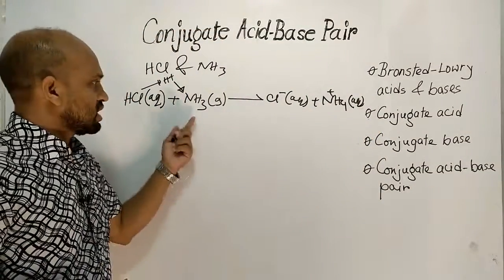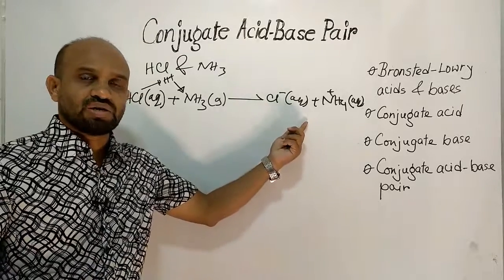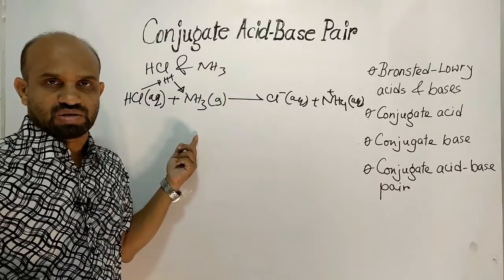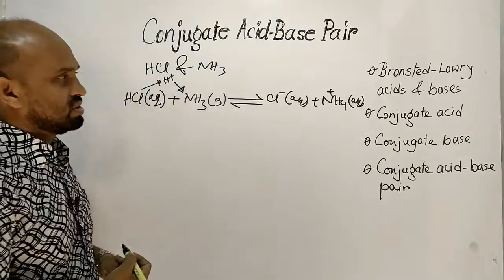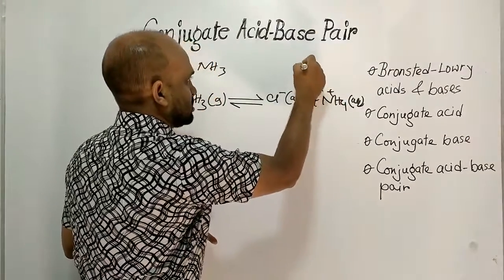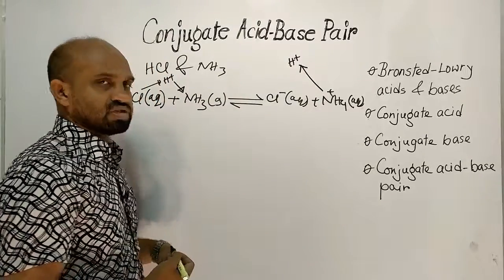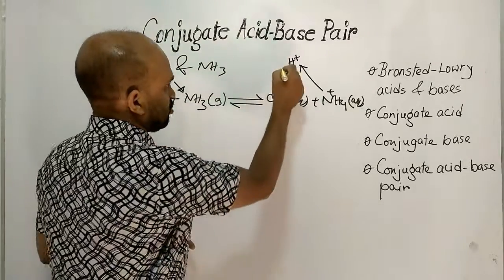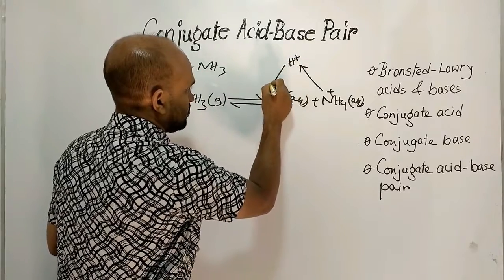Since ammonia is a kind of weak base, the reaction will move backward, and when the reaction is moving backward, this ammonium ion acts as Bronsted-Lowry acid. That is why it donates proton, and chloride ion acts as Bronsted-Lowry base.